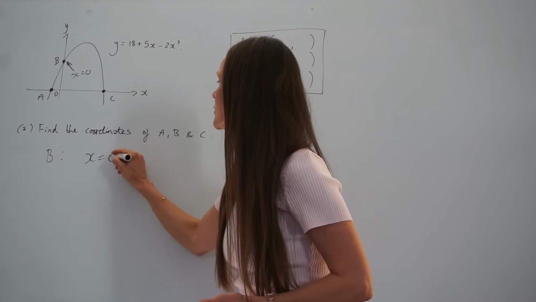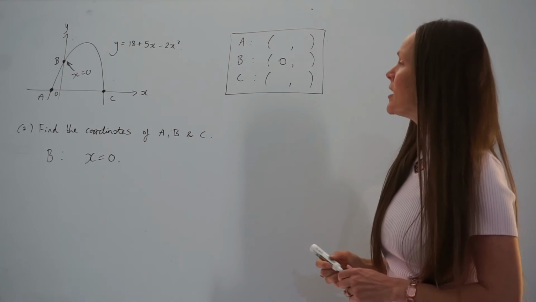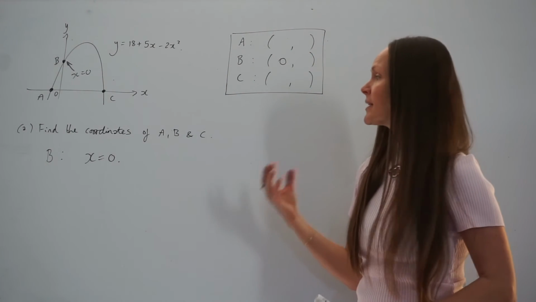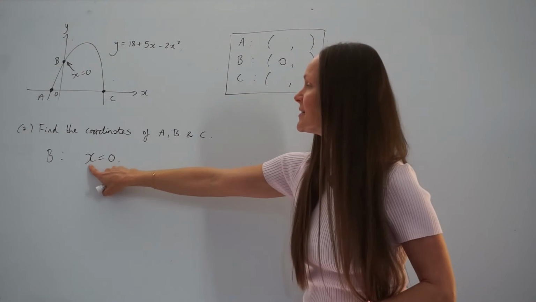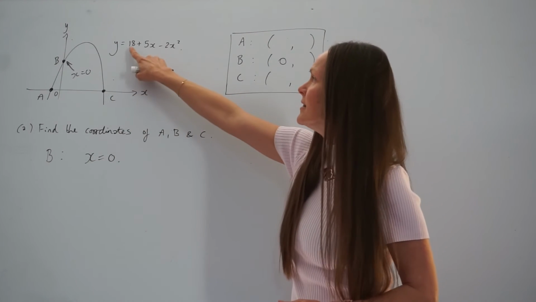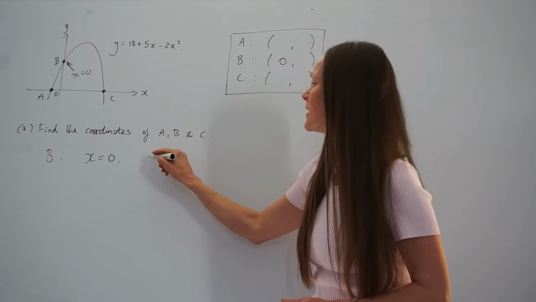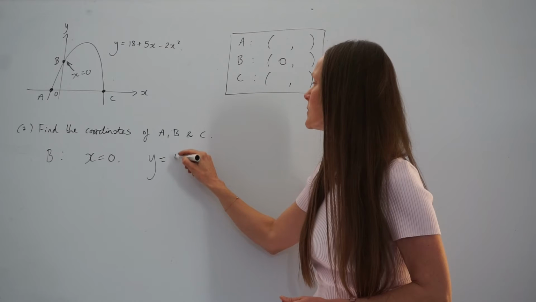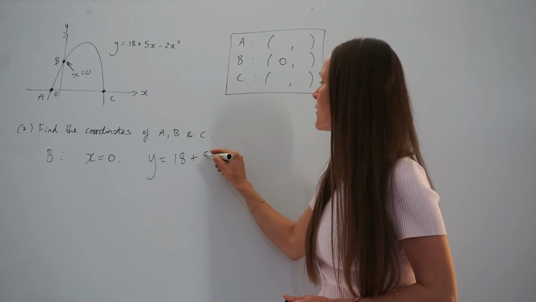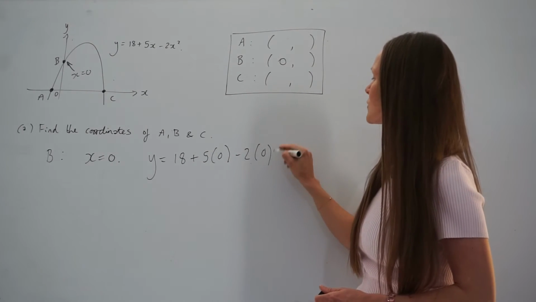Okay, whenever a graph intersects the y-axis, the x value will always equal 0. Okay, so we first found the x coordinate here of point B. So using this value, we can then find the corresponding y value. All you have to do is replace x with 0 in the equation of the curve. Okay, so instead of having y equals 18 plus 5x and so on, we've got y equals 18 plus 5 lots of 0 minus 2 lots of 0 squared.